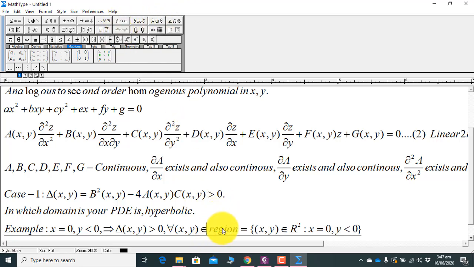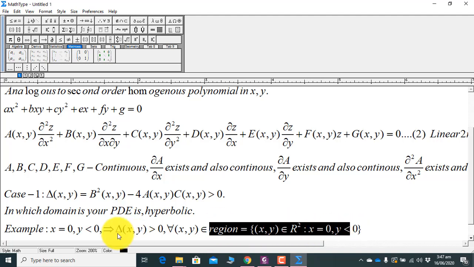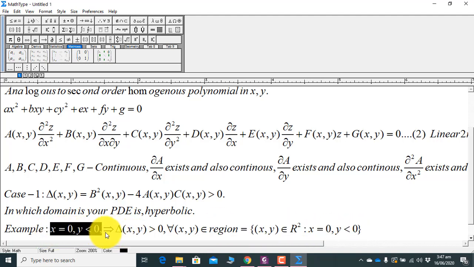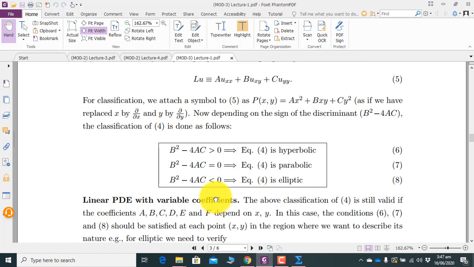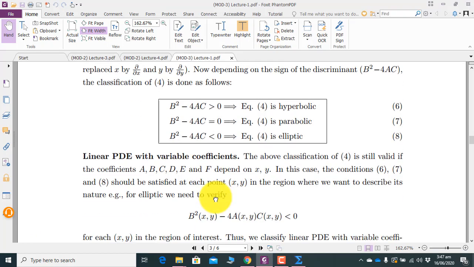What is the region? x is 0 and y is negative. You have to mention the region as a subset of R square. So this is one of the questions which usually arises when studying linear second order partial differential equations.